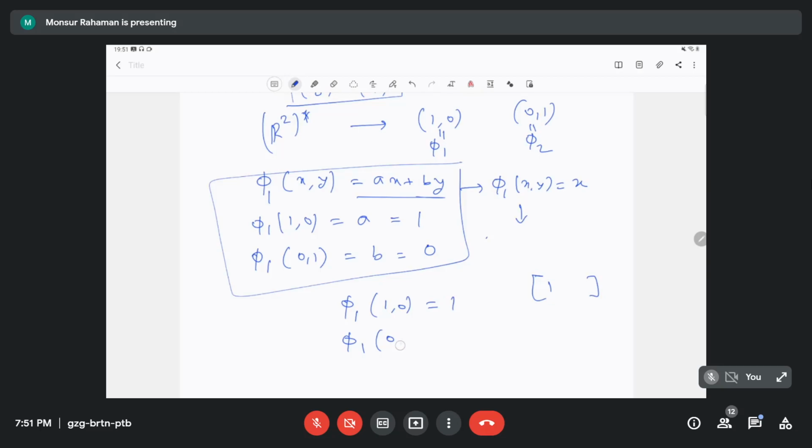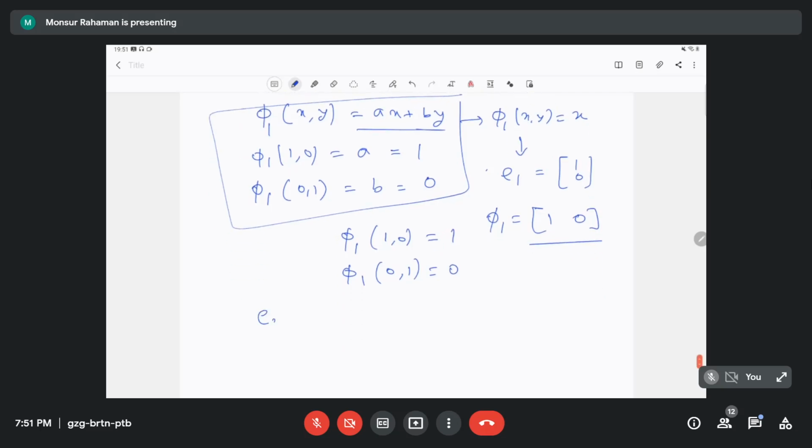Phi 1 of (0, 1) is 0, so this is 0. So this is a row vector. So this is phi 1. You started from e1, which is 1 0. Similarly, e2 is 0 1, and you will find phi 2, which is actually the dual vector, which is 0 1. Okay, so that's why row vector and column vector are two different things.